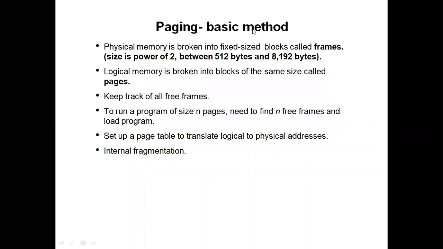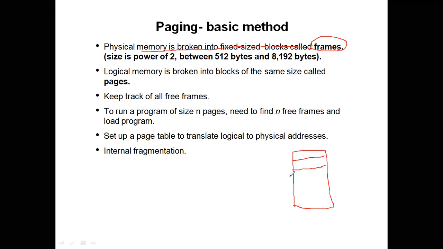Now how does this paging method work? Suppose we have the physical memory. It simply does one thing. First, every physical memory is broken into fixed size blocks called frames. If I have a physical memory, that is a RAM, we divide this RAM into fixed size blocks.